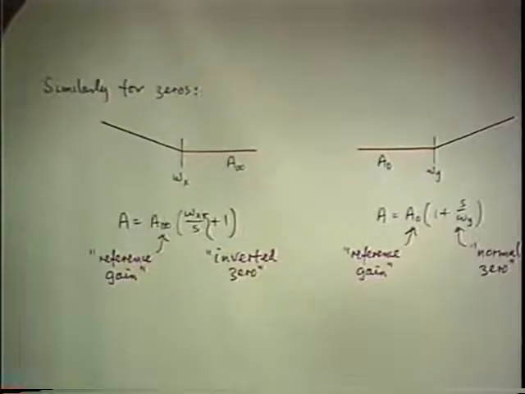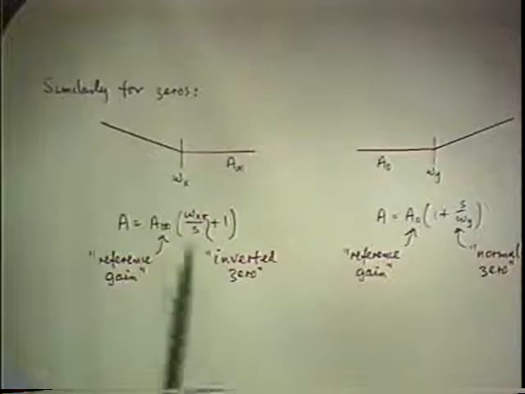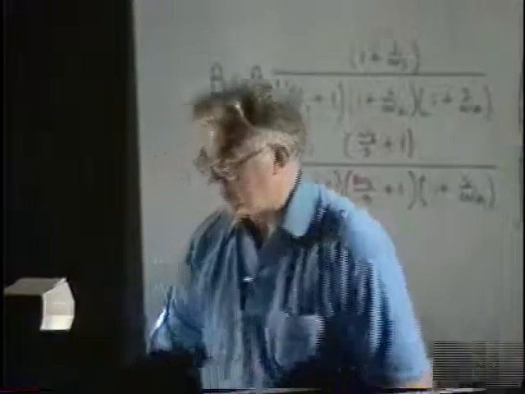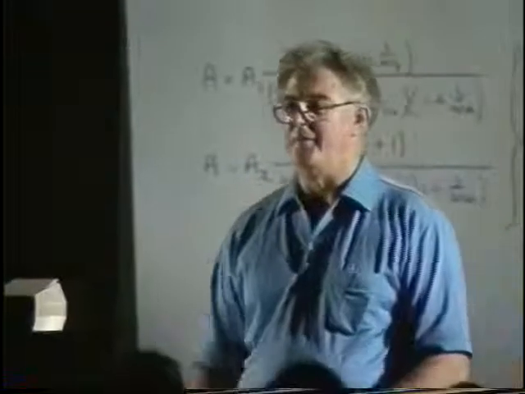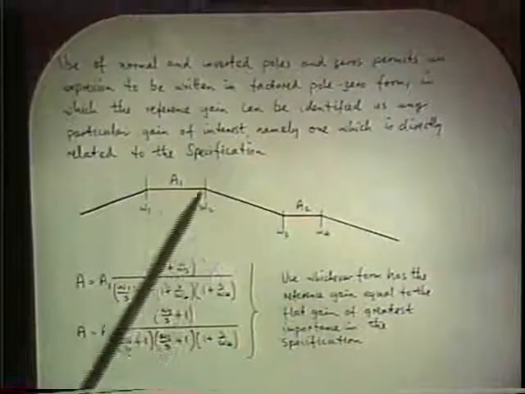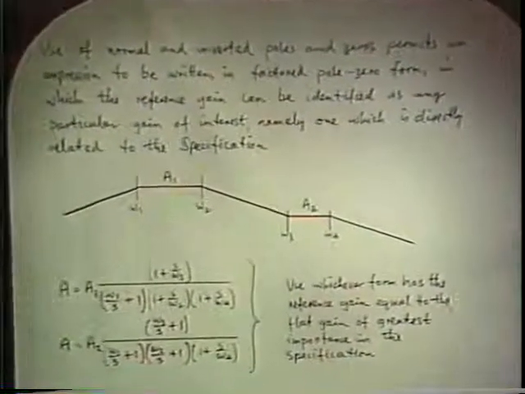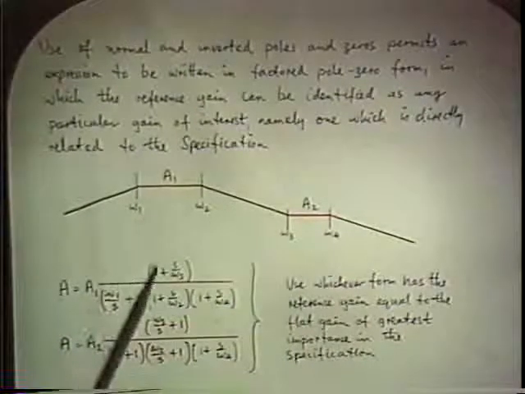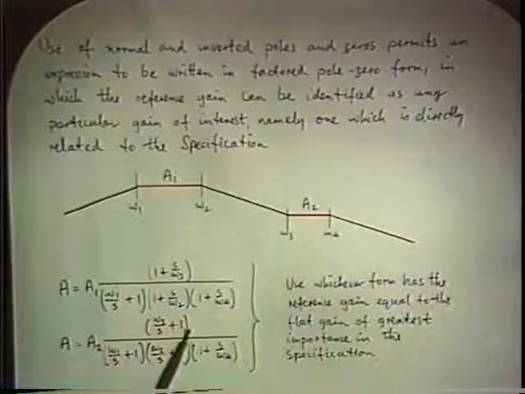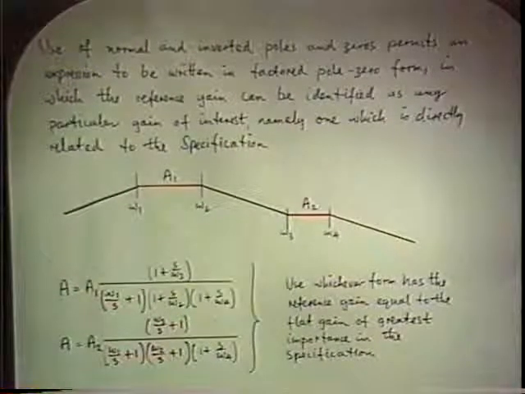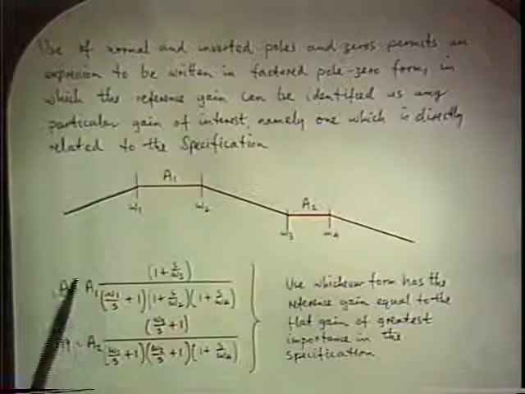Well, the reason why these are useful is they are simply building blocks for more complicated systems. Here's one where there are two flat gains and several slopes. If you write the factored pole-zero form, which is simply an accumulation of products and quotients of the other factors, you can choose either the A1 or the A2 as the reference gain and put it in front.